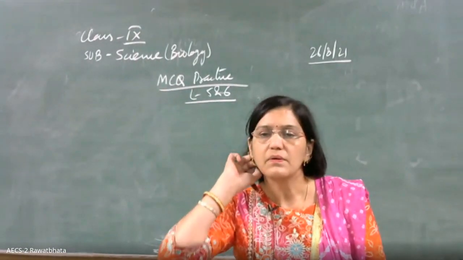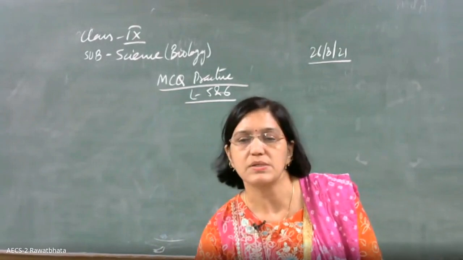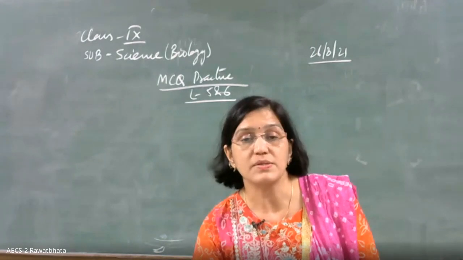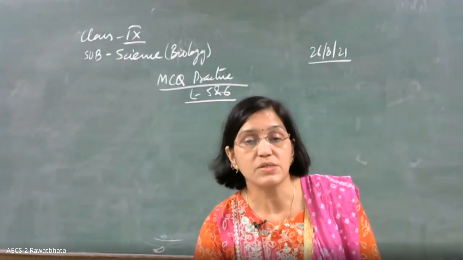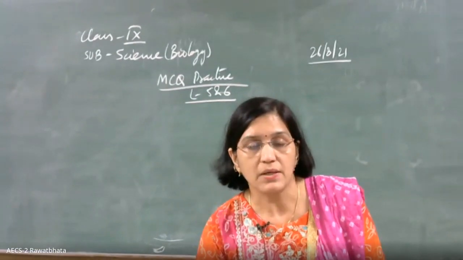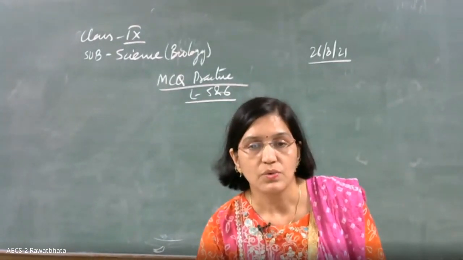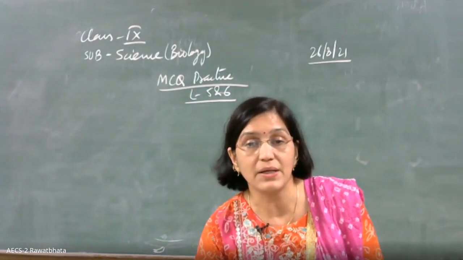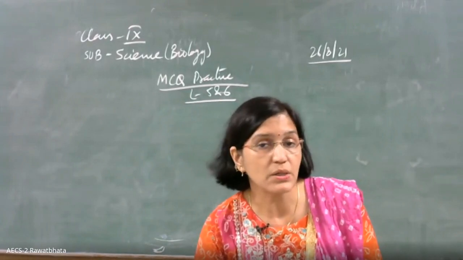Let me see who has raised the hand. This question we have covered in yesterday's class also. In yesterday's class, I asked you that this particular cell organelle was present in bacterial cell. That means it does not contain a unit membrane.